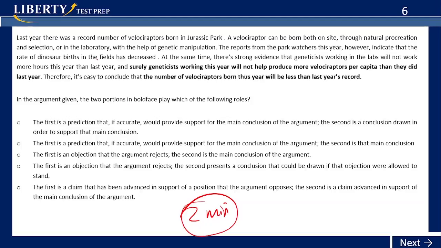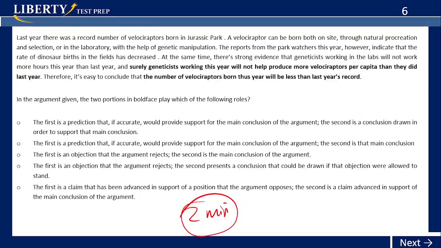Okay, so this one says, last year there was a record number of velociraptors born in Jurassic Park. A velociraptor can be born both on site through natural procreation and selection or in the laboratory with the help of genetic manipulation. The reports from the park watchers this year, however, indicate that the rate of dinosaur births in the field has decreased.